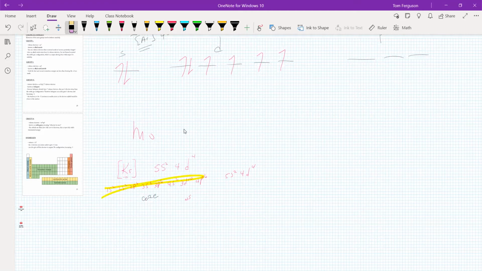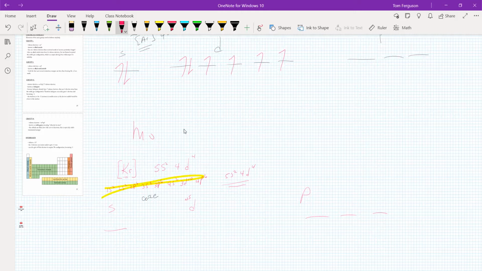Here are the valence electrons. We have the s's, we have the d's. Remember, there are p's over here that are empty. We're not going to list them, but they are there. Remember, orbitals are areas of stability, and there are 3 p orbitals that offer that stability.